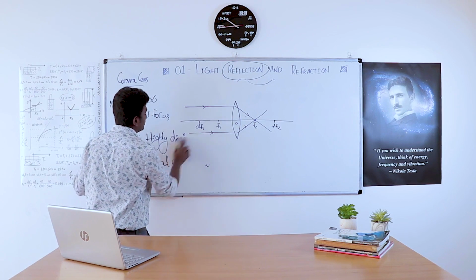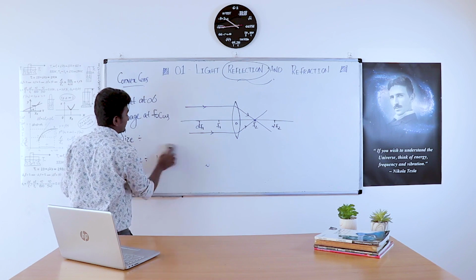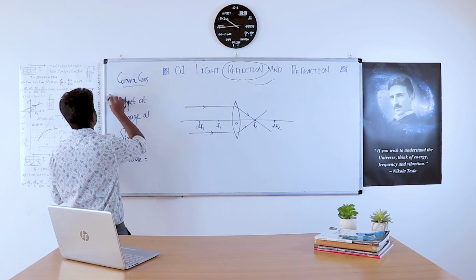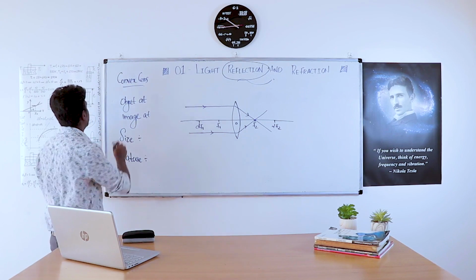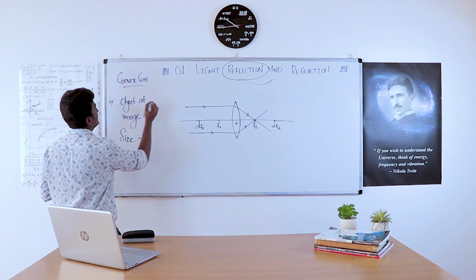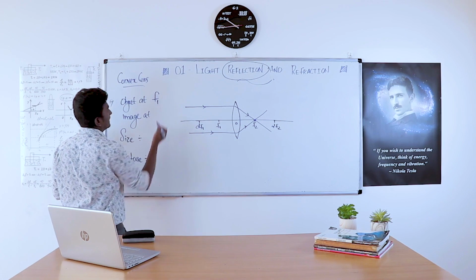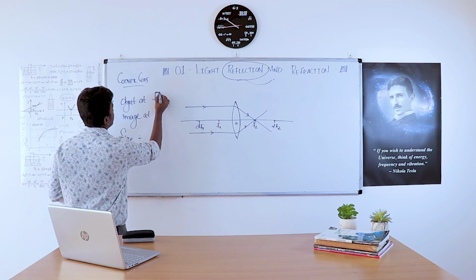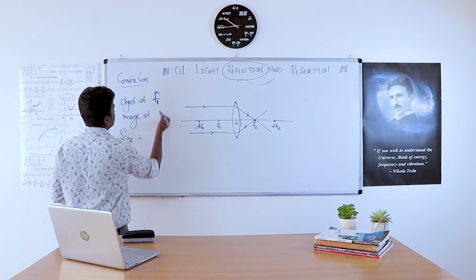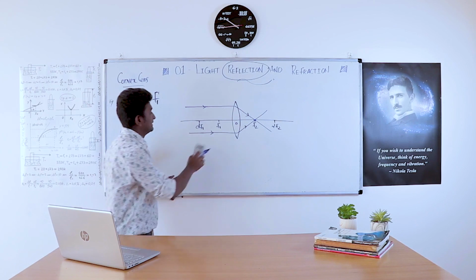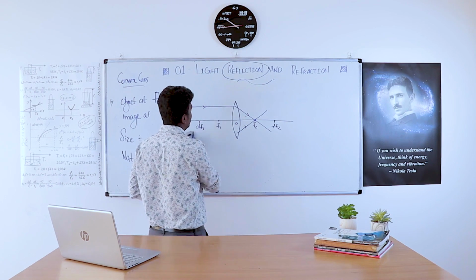Now we can move to the next case, second one. When this case is interchanged, we get the second case: object at F1. I am placing the object at F1. We need to find where the image is formed.